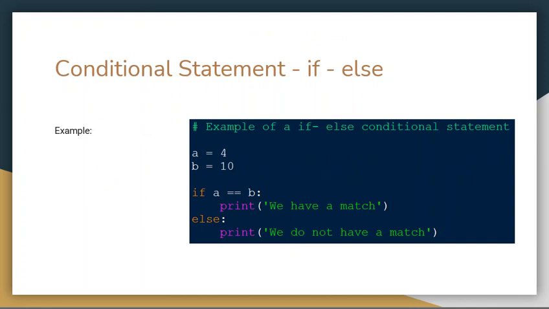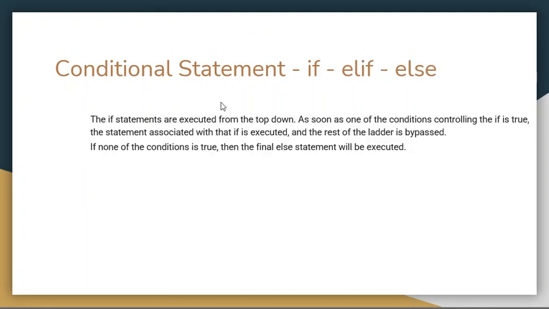Next is the third option, a little bit more robust, the else if. The if statement is again looking for true. The else is our default if it's false. But the else if can also do additional controlling to check if it's true. So what does this look like?